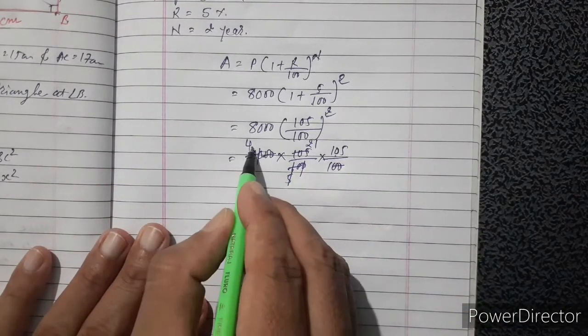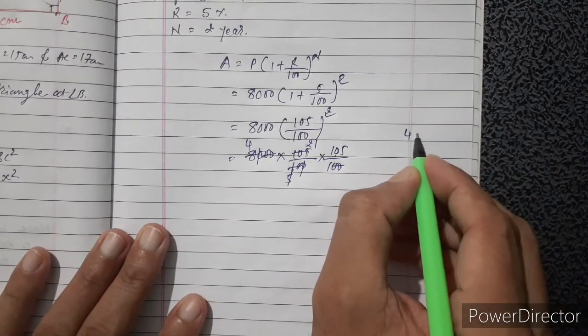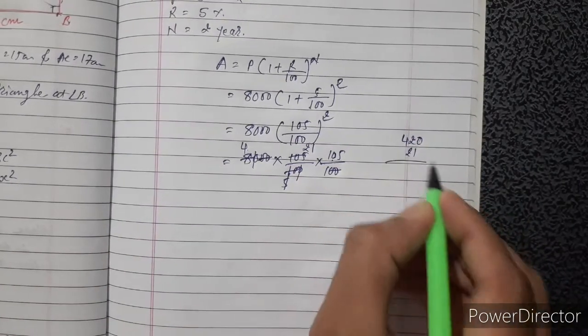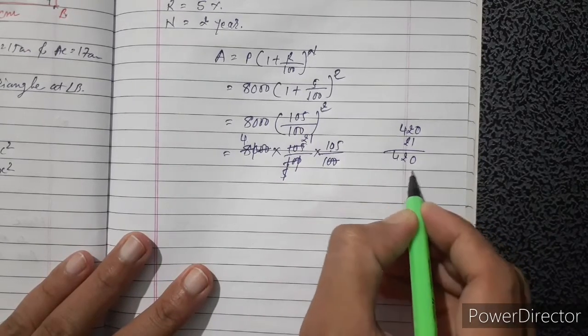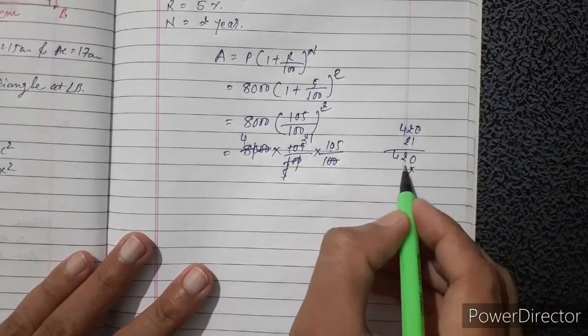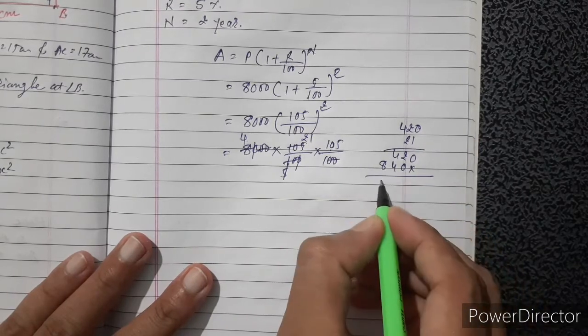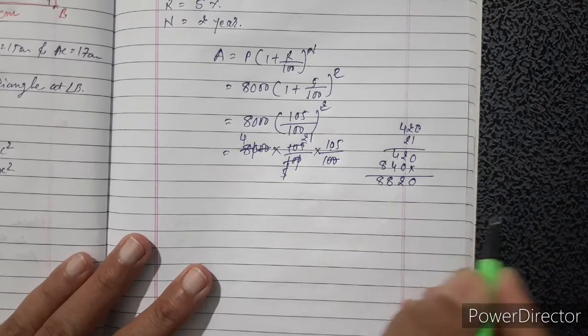Now 105 into 4, that is 420, into 21, multiply with 21. So with 1024, 2 twos are 4 and 4 twos are 8. So the answer is 8820.